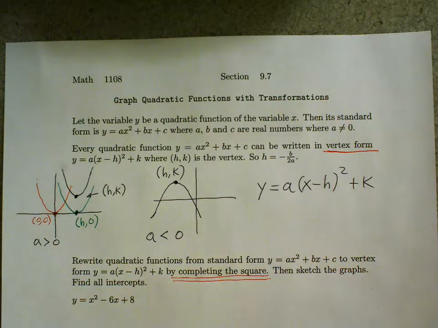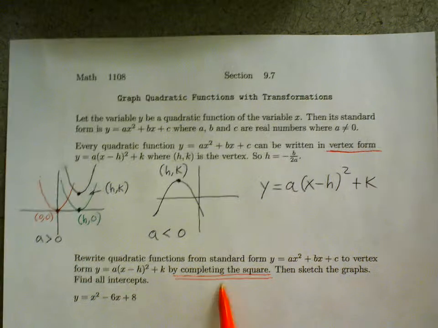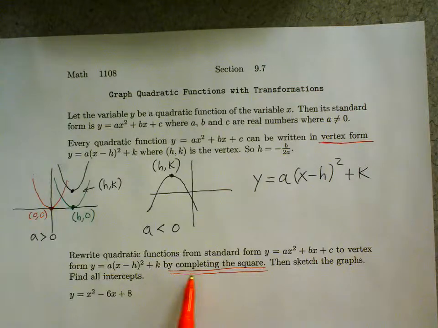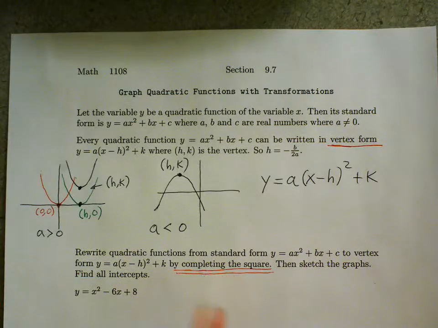And that should make sense, because if you remember, when we complete the square, we create a perfect square trinomial. And a perfect square trinomial is the result of squaring a binomial. And in the vertex form, y equals a times (x minus h) squared plus k, we see that we are squaring a binomial.